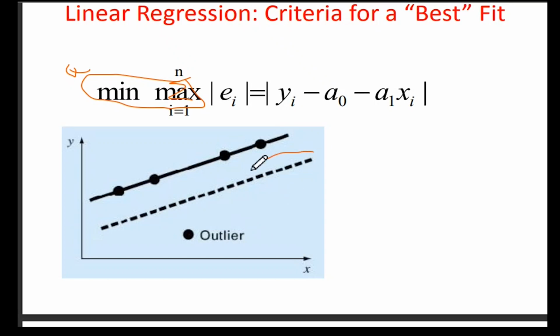So garis putus-putus ni, kita boleh pilih mana-mana garis regression line yang berada di antara this line dengan outlier ni, yang akan minimumkan nilai maximum error di antara outlier dengan tempat titik ni. So kita nak cari kat mana titik yang akan berikan distance kat sini yang paling minimum. So kita tak akan pilih garis yang berada dekat atas.